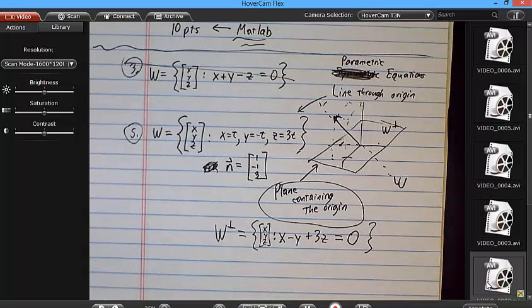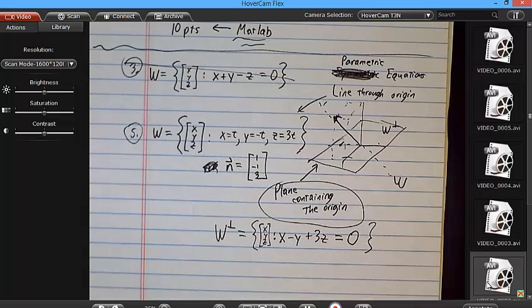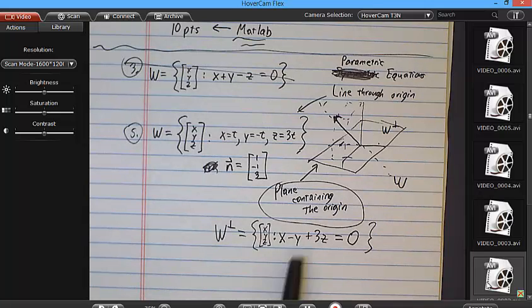Hey, what if I said find a basis for W perp? Could you do that? Sure, but maybe not when I assigned the homework you couldn't. Well, actually, you should be able to. You just have to find two vectors that are linearly what? Independent. Okay? Can you find one vector?